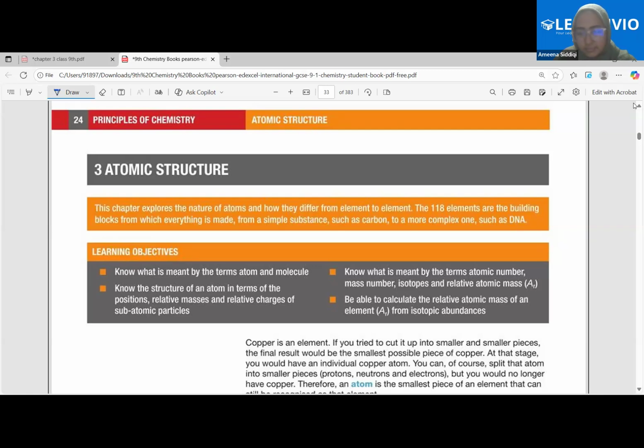There's a central nucleus with a proton and a neutron that's orbited by negatively charged electrons that can leave the particle, and then they can cause covalent bonding and ionic bonding. The amount of protons determines the atomic number, and the amount of neutrons and protons determines the atomic mass.